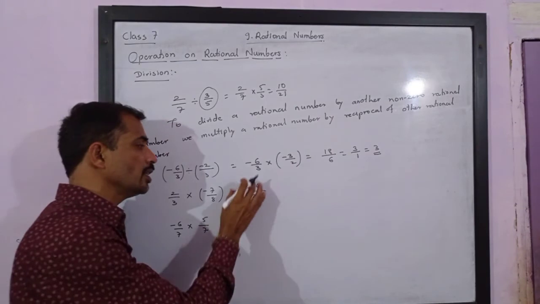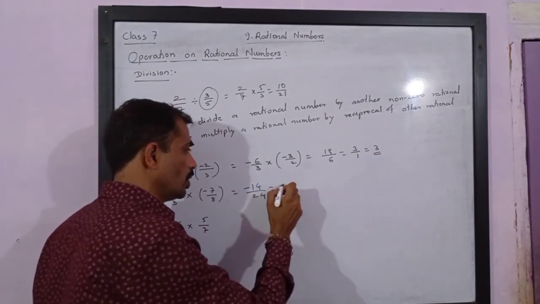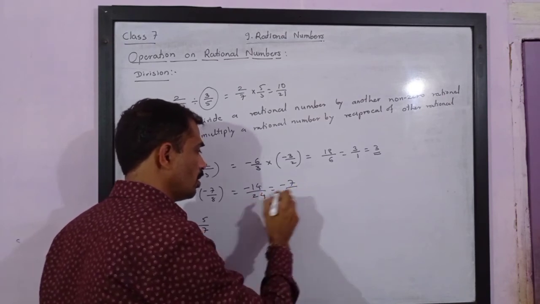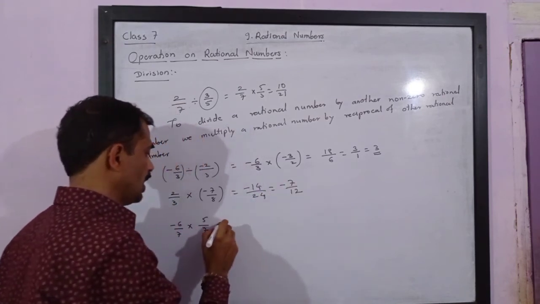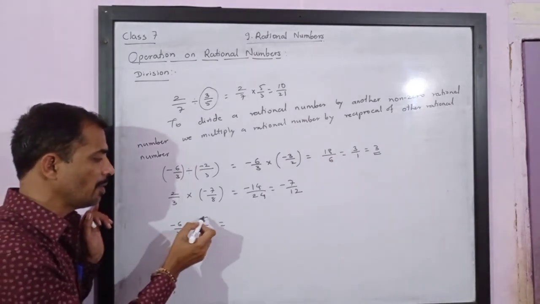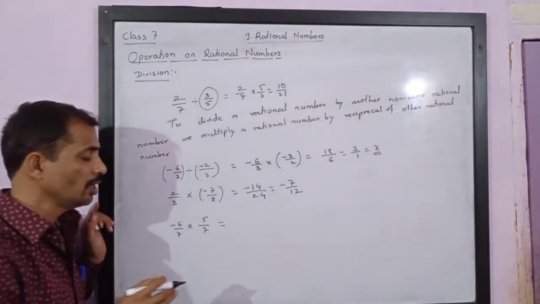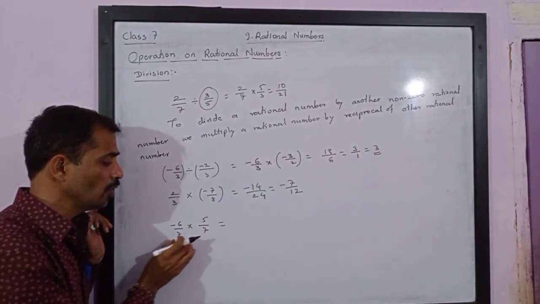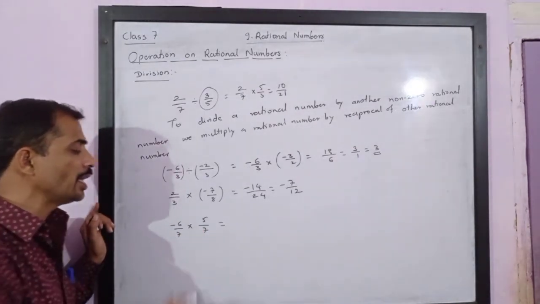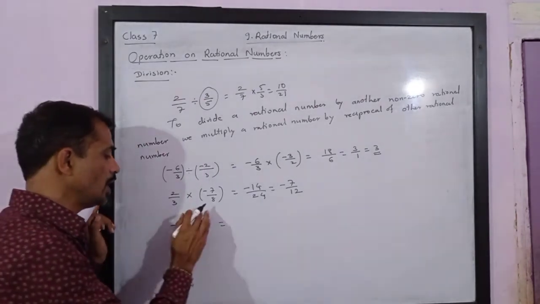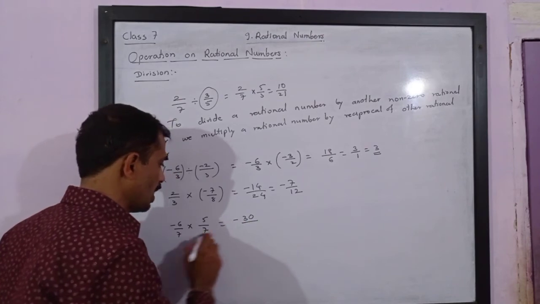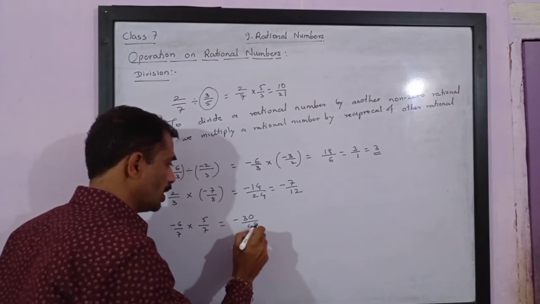So, if you write in standard form, this is equal to minus 7 upon 12. Next fraction is negative 6 upon 7 multiplied by 5 upon 7. Please note, in addition and subtraction, we keep the denominator as it is. But in multiplication, we multiply the denominator. So, this is equal to negative 6 5s are 30 upon 7 7s are 49.